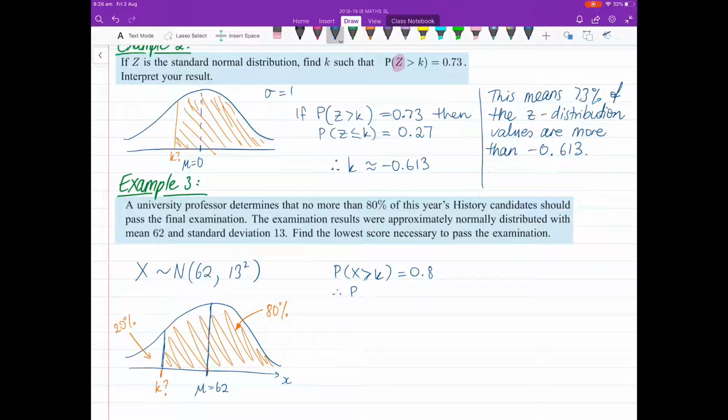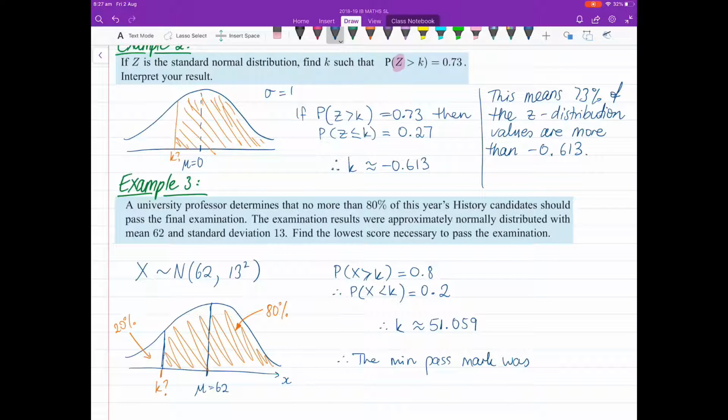So really what we also want is the probability of X less than K to be 0.2. And when we put that in the calculator, we should get 51.059.